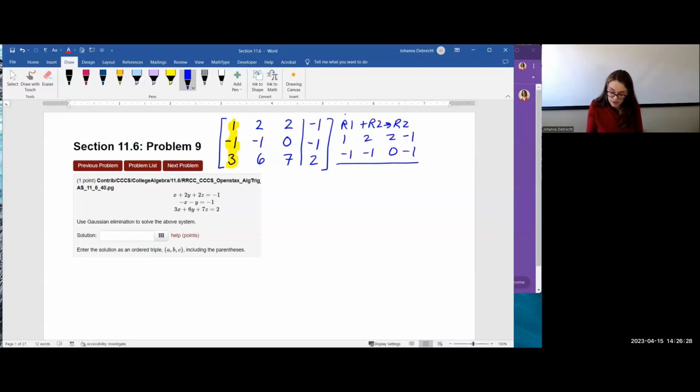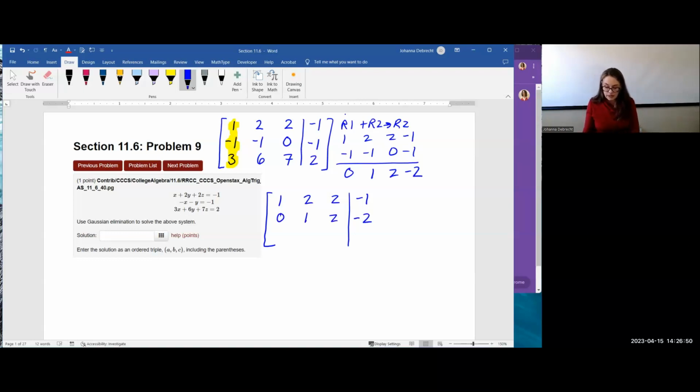This is addition elimination. When I add them together, I get a new row 2. I'm not going to change row 1, so it stays 1, 2, 2, -1. Row 2 is now 0, 1, 2, -2.